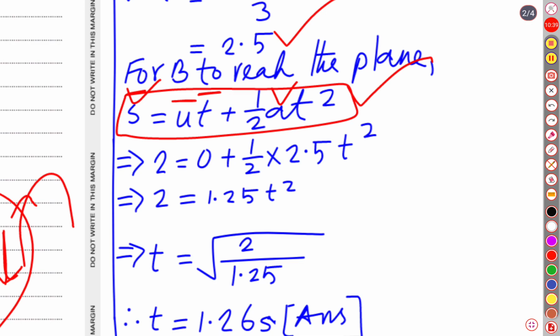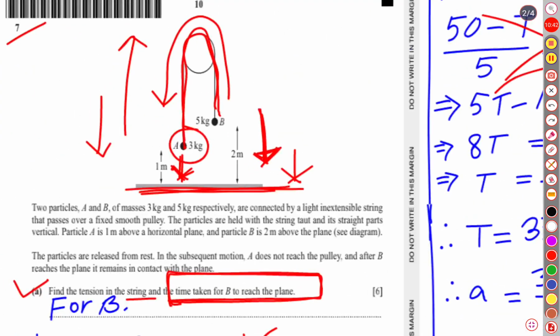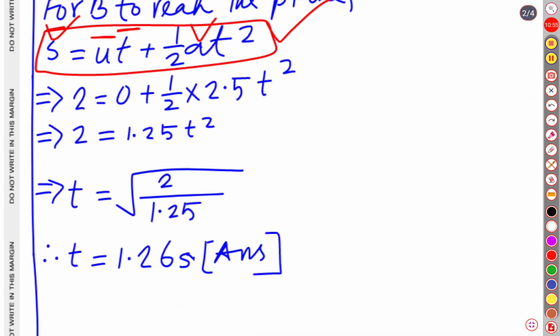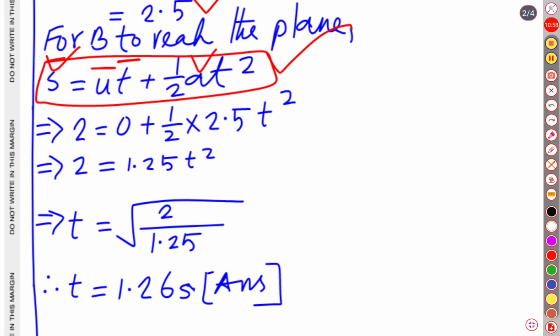Well, S is 2 meters, because let us see the figure. B will come down. B is at this stage, from this stage it will reach the plane, and the distance between these two is given as 2 meters. So S is 2 meters. After that, 2 is equal to initial velocity, which is 0 because the particles were released from rest, plus half into acceleration, which is 2.5, just as we have found, into t square.